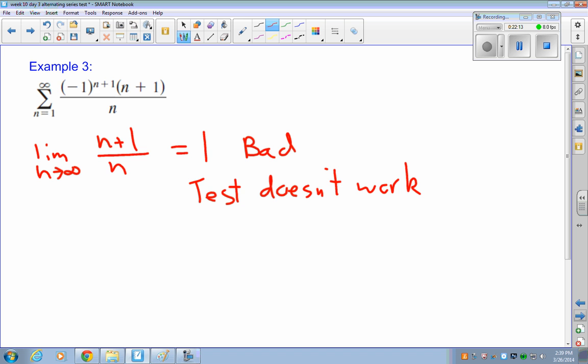Does that mean it diverges officially? No. Just means I need another tool. It does not mean it diverges. It means my tool just doesn't work. Do you guys hear that? Okay. So if you don't get it to 0, that just means, oh, I'll teach you another tool someday. Okay.